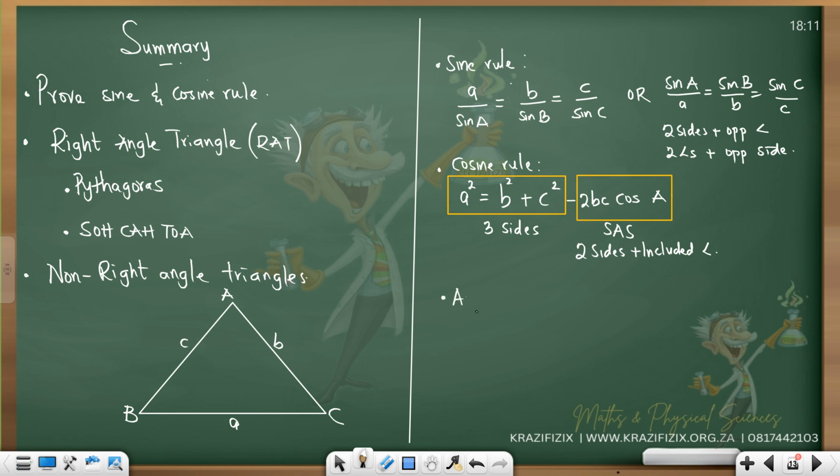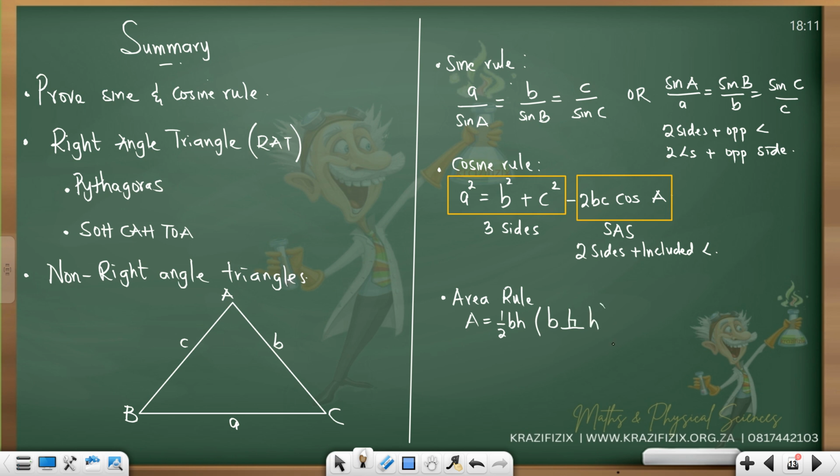Finally is the area rule. All right, we know that area could be half base times height. That is only if I am given a base and a perpendicular height. Always know that the base and the height are perpendicular.